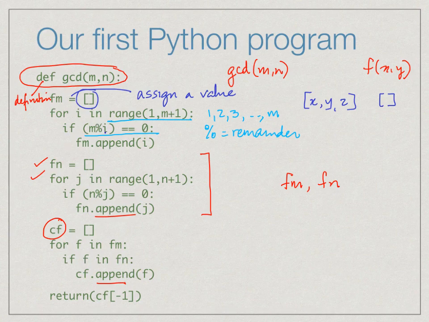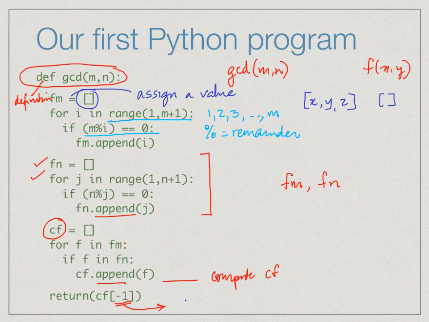So earlier we were adding it provided the remainder was 0. Now we are adding it provided it appears in both lists. For every f in the first list, if it appears in the second list, add it. So after this, we have computed cf. And now we want the rightmost element. This is just some Python syntax which you'll see.